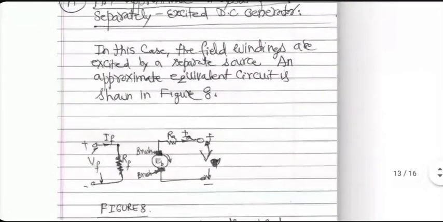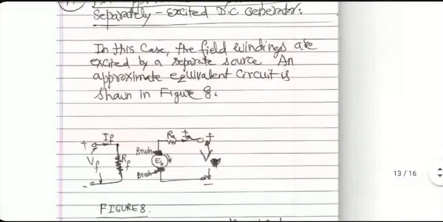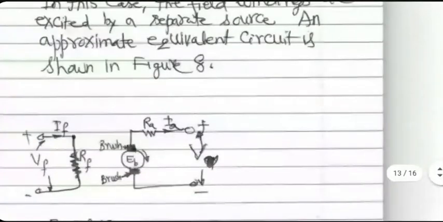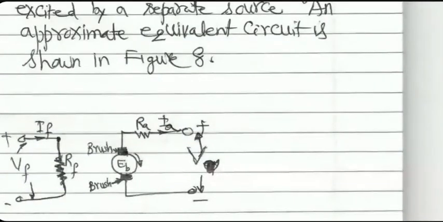On the armature side, as I said, we use a circle to represent the armature. We show EB in the middle to denote that EMF is being generated here. Two brushes are normally shown. If there are more than two, we'll have to modify the results accordingly.